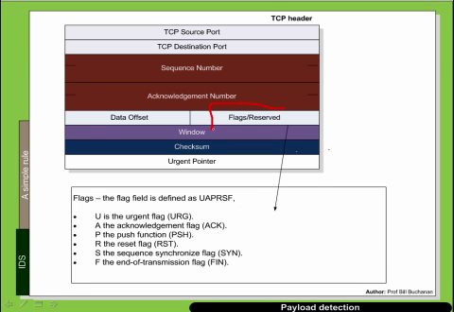A key element in security is to analyze the flags, because the flag tells you the state of a connection, whether it started or has finished or is in the middle of a connection. The key flags for this are push, acknowledge, reset, SYN, and FIN.